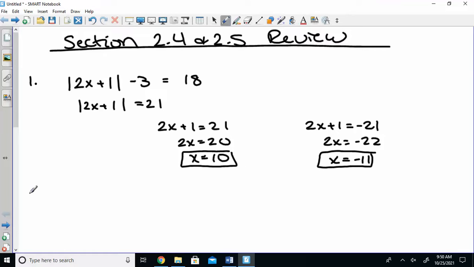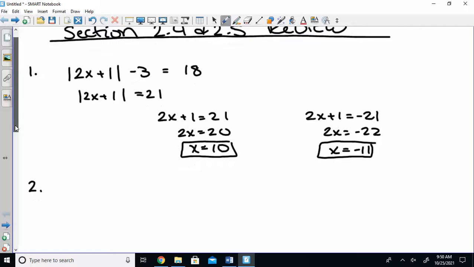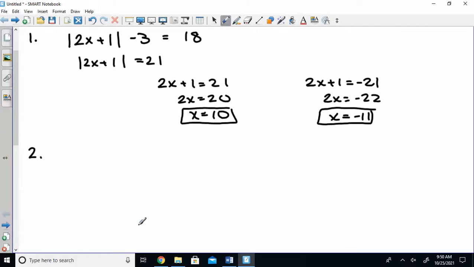Okay, then we did inequalities. So if I said, okay, first step was again always isolate the absolute value.